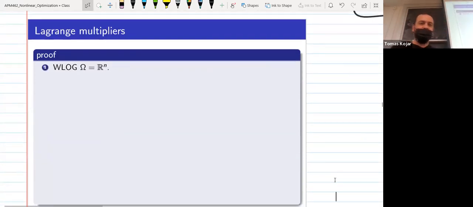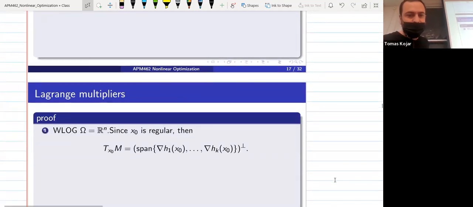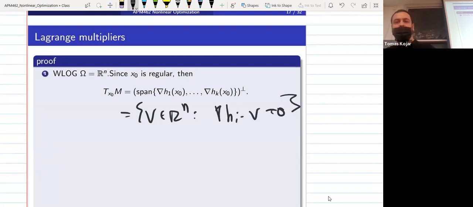I shall ask you questions. All right. x naught is regular. So we proved what I call the trick, that the tangent space can be written as the orthogonal complement, namely all the v in R^n so that the gradient of h dotted with v is 0.